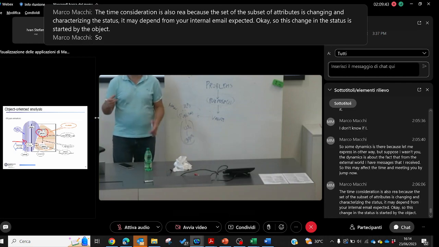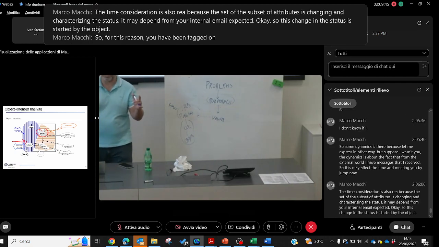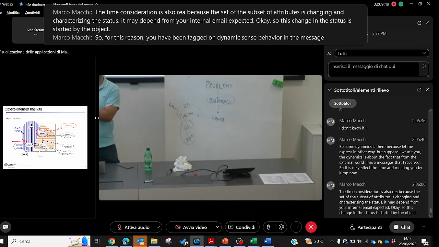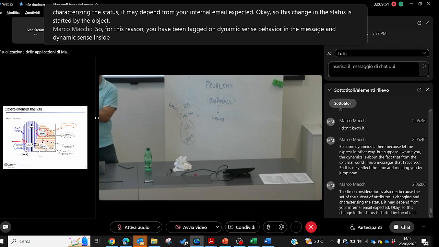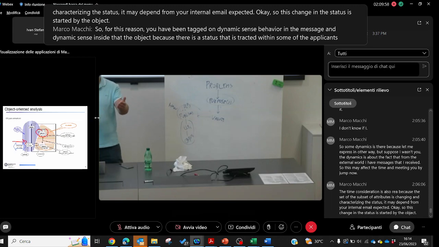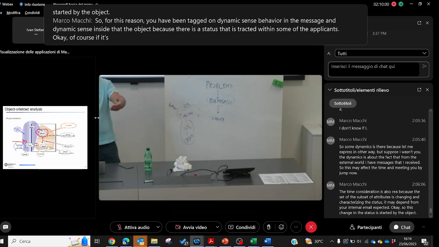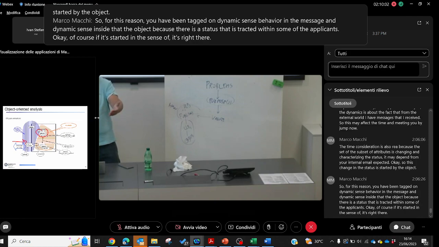So for this reason, you have a kind of dynamic behavior in the message passing and dynamic behavior inside the object, because there is a status that is tracked within some of the attributes. Of course, if it's static, like red, it's red, the color.